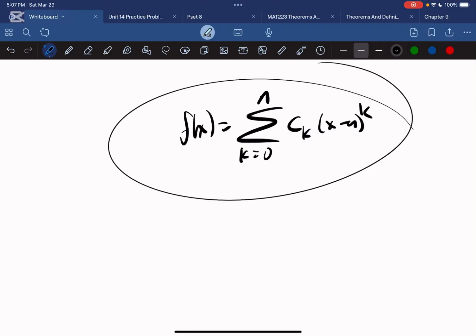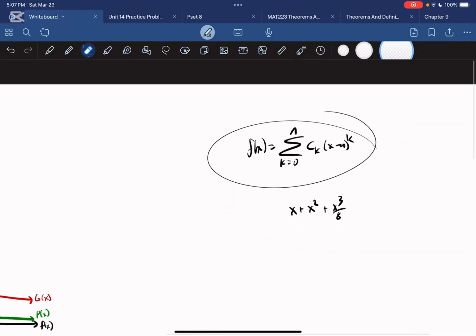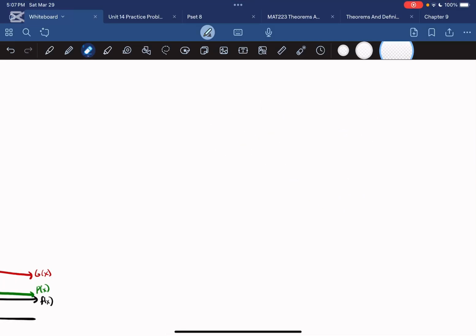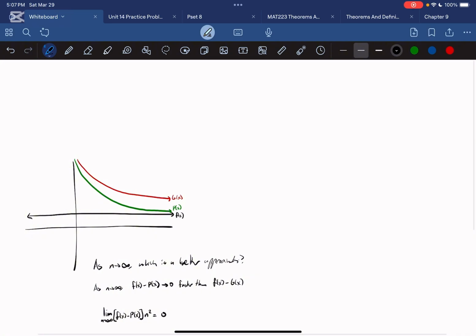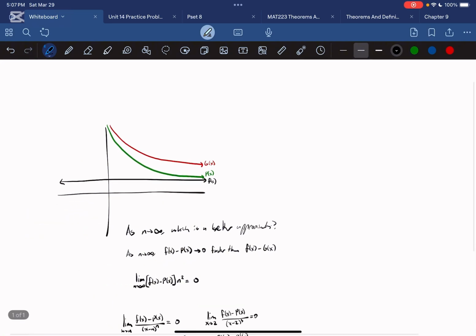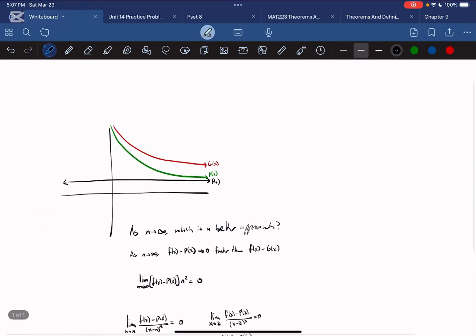So a Taylor polynomial could be like x plus x squared plus x cubed over 8 or something like that. So we want a good approximation. This is what Taylor polynomials are meant to do.